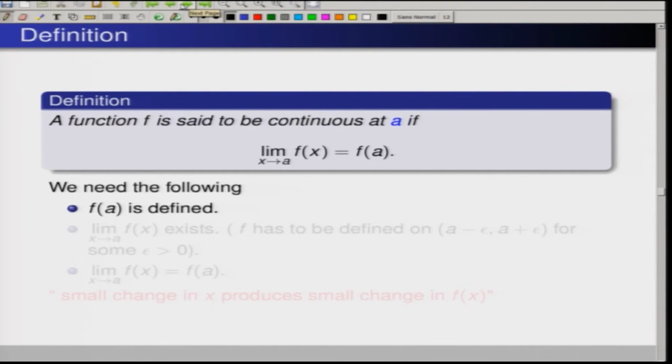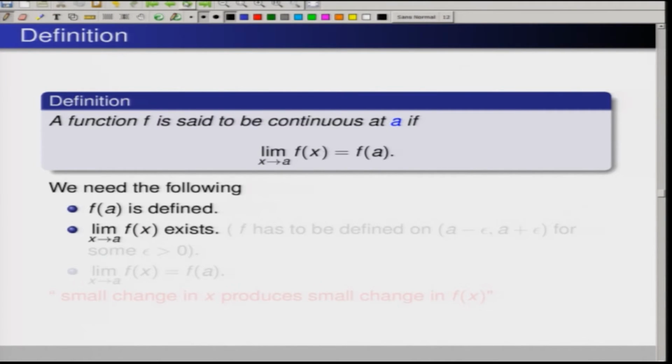For example, f of x equal to 1 over x: f of 0 is not defined. So, to say that f is continuous at a, f has to be defined at a, and the limit of f of x as x goes to a is equal to f of a. That means the limit of f of x as x goes to a exists.